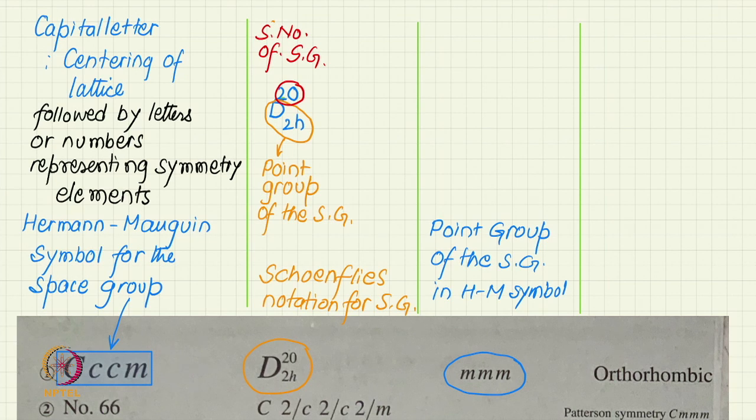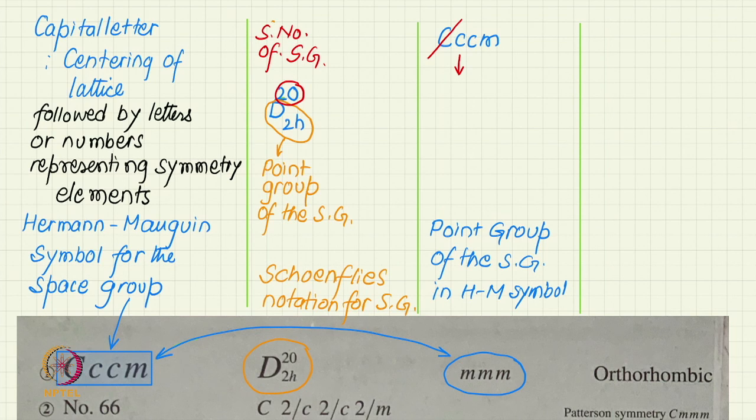So, these two are actually related and the relationship is very simple. Point group in Hermann-Mauguin notation and the space group in Hermann-Mauguin notation are connected. To find the point group, suppose we have this space group CCM, all you have to do is to cross out the first alphabet, the centering symbol, and convert screw axis to the corresponding rotation axis and a glide plane to the corresponding mirror plane.